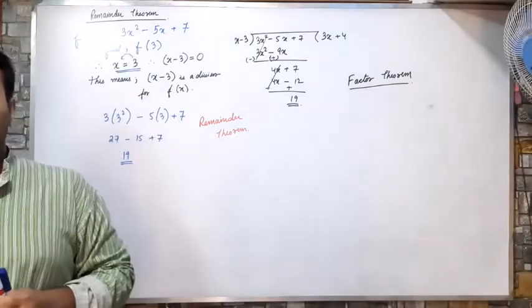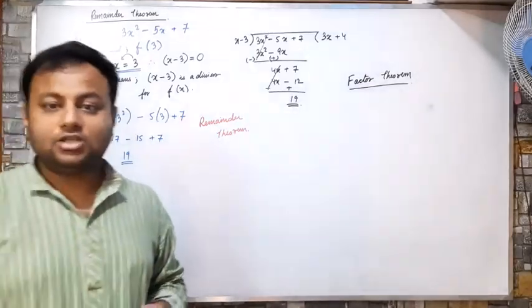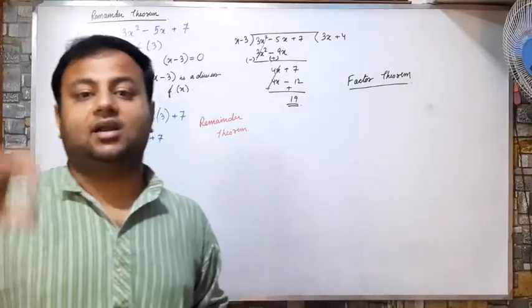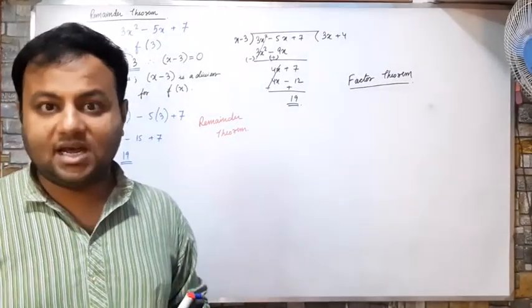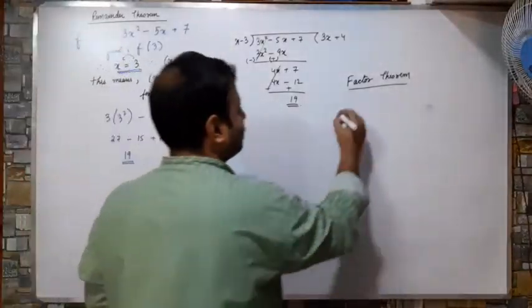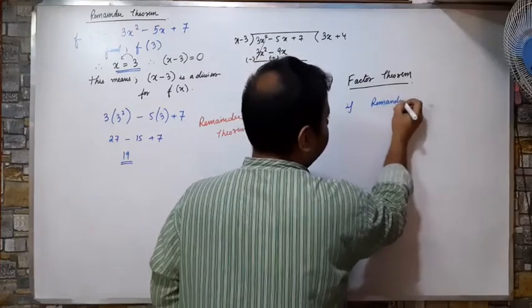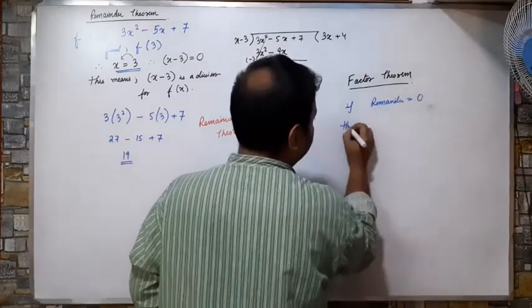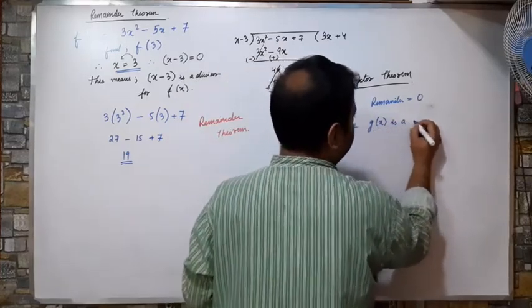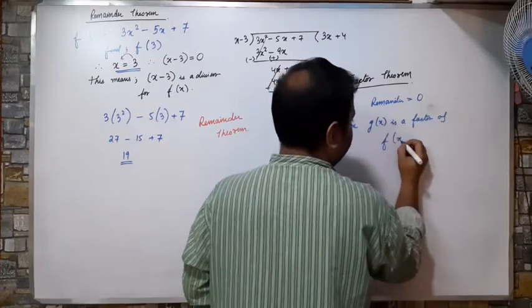What is called a factor? Factor means a particular number which divides a given number. So, if a value is a factor of a polynomial, that means the remainder will come as 0. Right? It means the total is divided, nothing is left. So, if remainder equals 0, then g(x) is a factor of f(x).